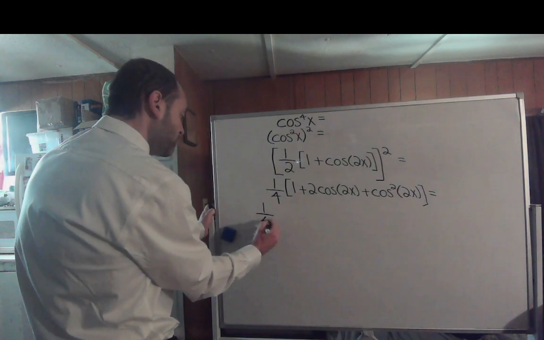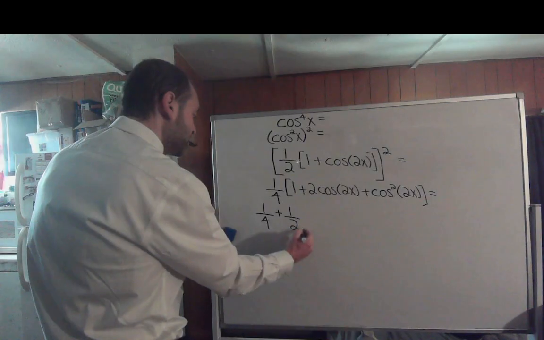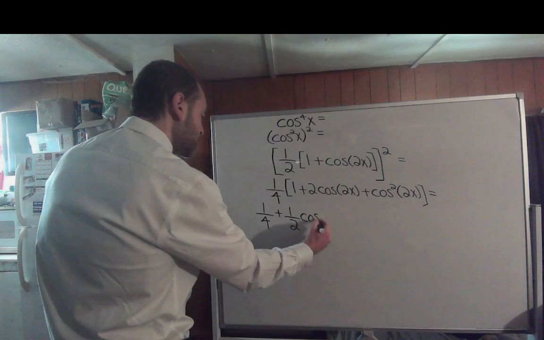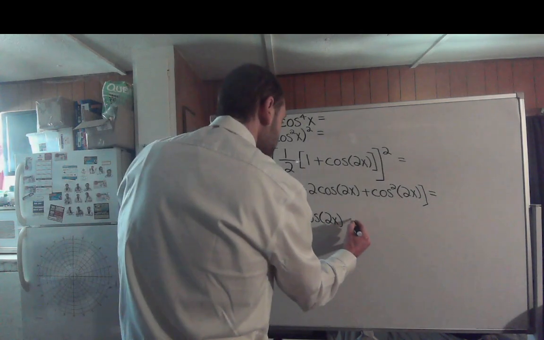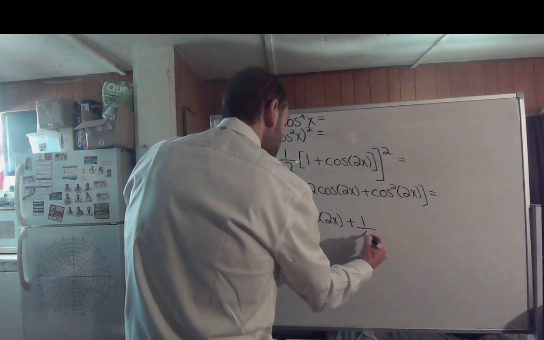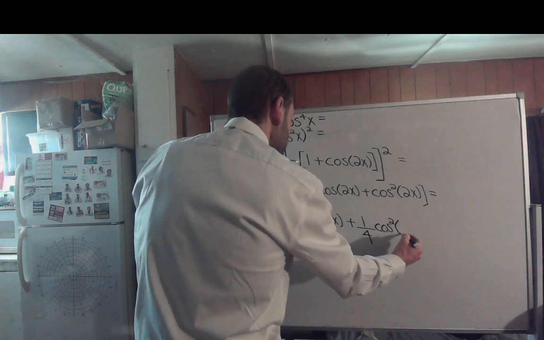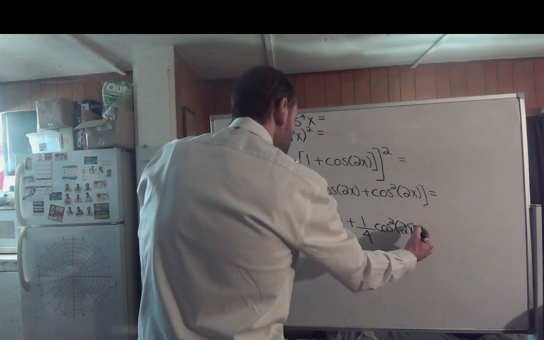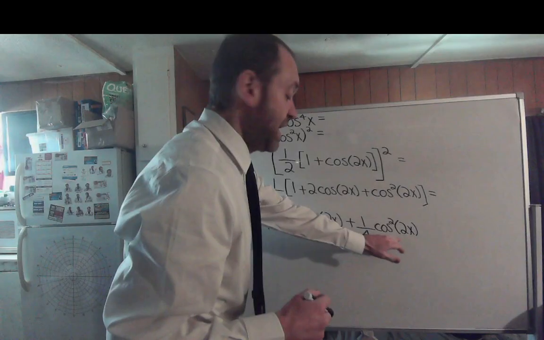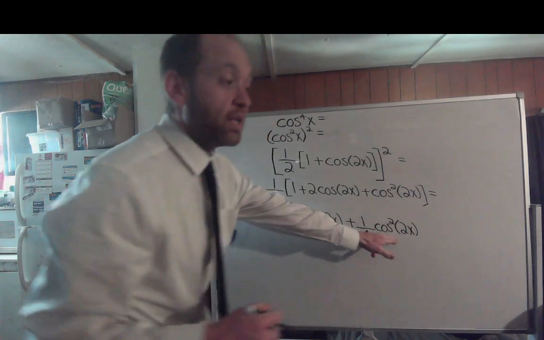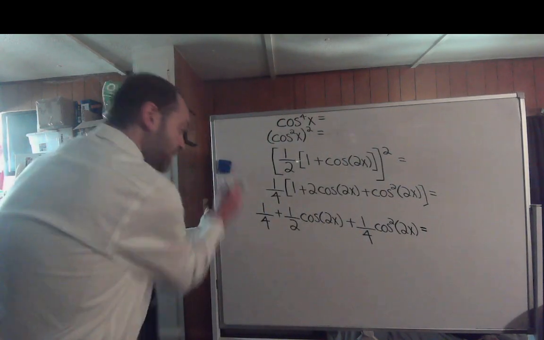So far we're at 1/4 plus half of the cosine of 2x, now plus 1/4 of the cosine squared of 2x. And it's going to end up being this portion right here that we have to use the power reducing formula yet again. So let's go ahead and do that here.